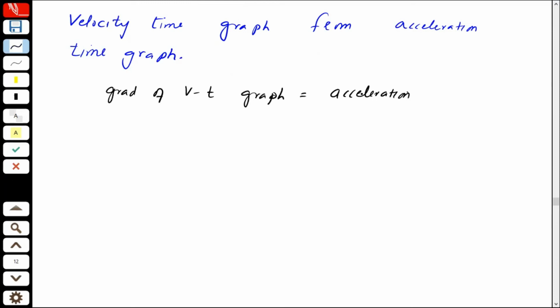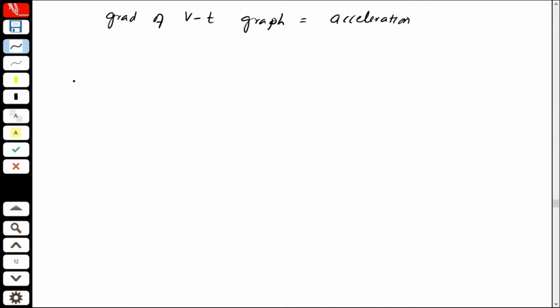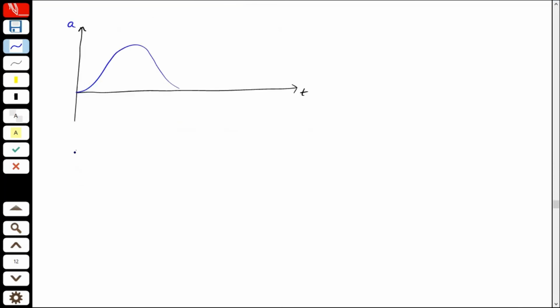So if we know acceleration, we can easily track the gradient to get the velocity time graph. Let's suppose we have this acceleration time graph and we have to sketch the velocity time graph.